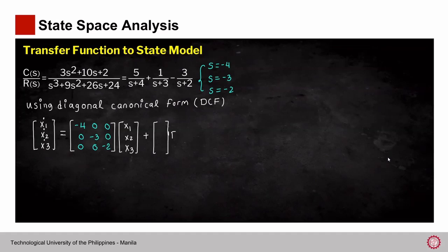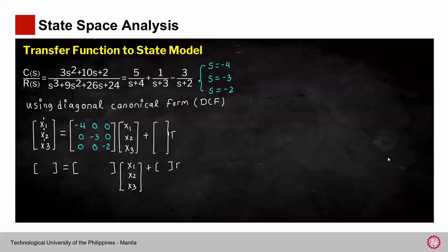Okay? Now, guys, paano po yung input matrix? Okay. So, I will write the output matrix as well, kasi pwede kasing magkasabay gawin yun. Okay? So, again, this is the output matrix, guys. And this is the X1, this is the X2, and this is the X3. Again, still, the feed forward matrix is 0.